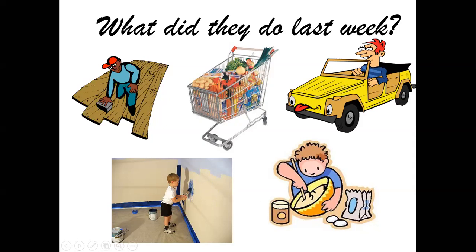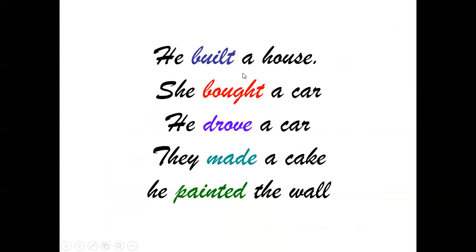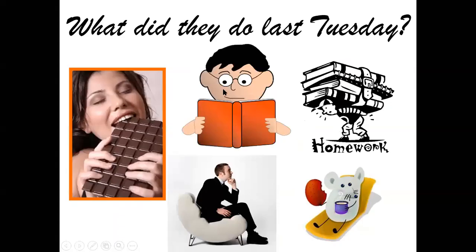Very good. And in this case, he made a cake. Excellent. Very good. Okay, so when we use the simple past, we answer with the verb in simple past. He built a house. She bought some groceries at the supermarket. He drove a car. They made a cake, or he painted the wall.